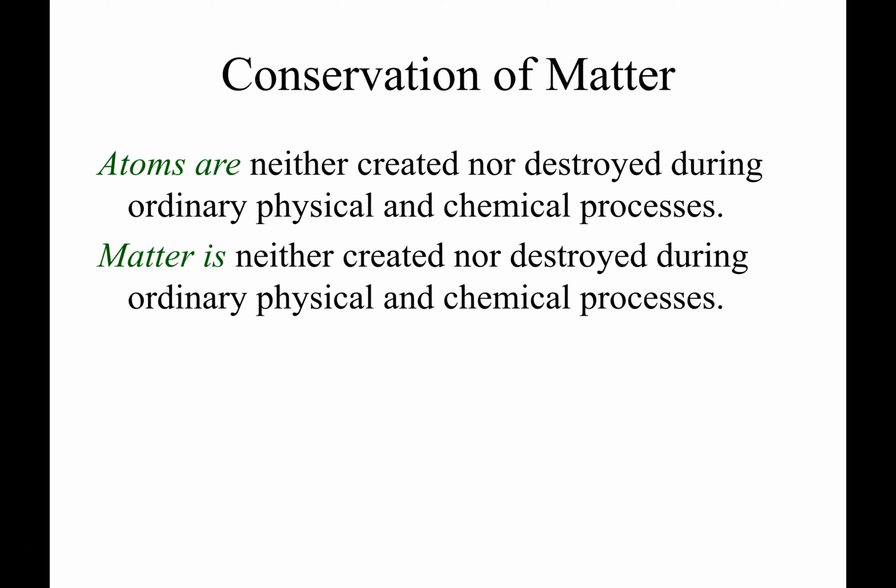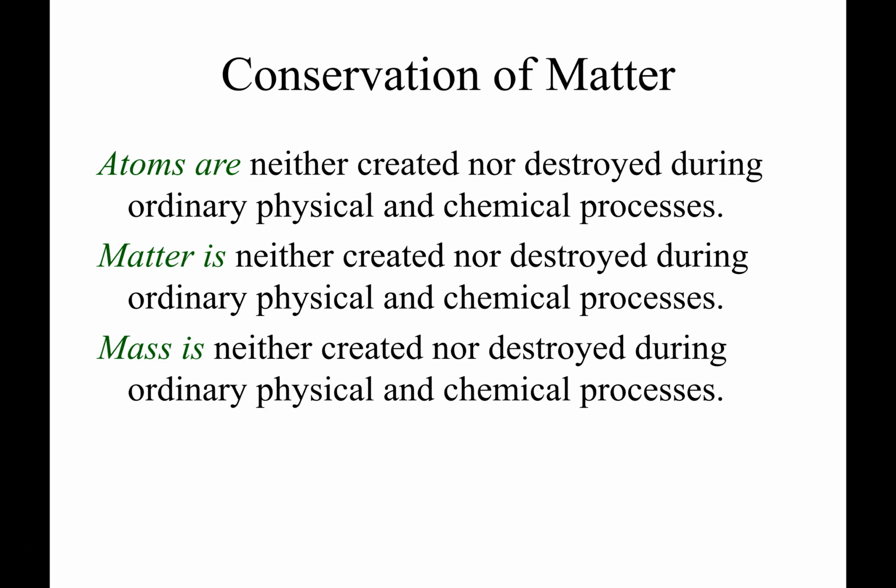Atoms aren't created or destroyed. Matter is not created or destroyed. We count on that when we do a lot of labs, okay? And mass is not created or destroyed. Makes sense. They're all kind of saying the same thing. These all have the same caveat that you're not talking about some sort of nuclear chemical reaction. It's an ordinary chemical reaction.